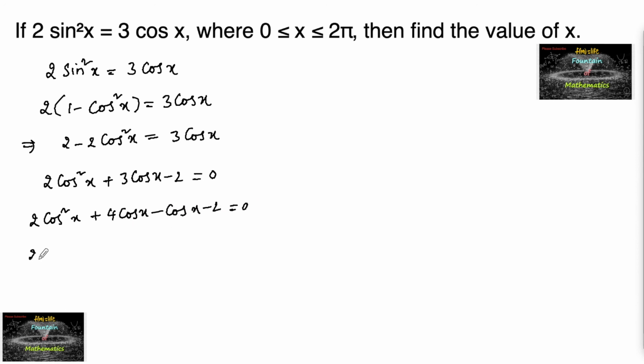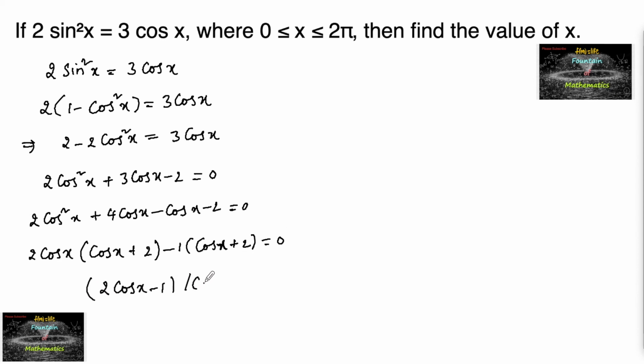Let us factorize it by taking 2 cos x common. So we'll have cos x plus 2, minus 1 of cos x plus 2 equals to 0. So that we have 2 cos x minus 1 into cos x plus 2 is equal to 0.